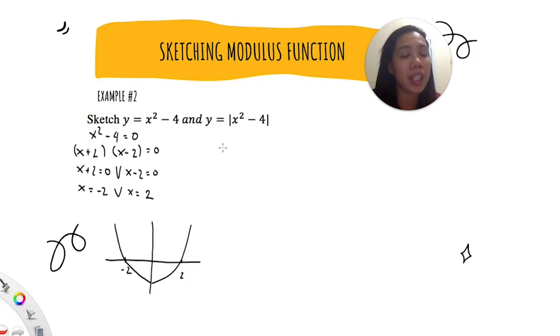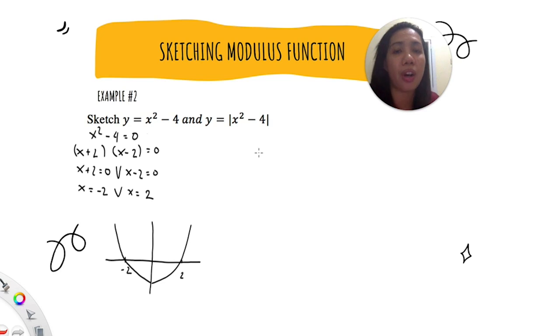And then what if we put the absolute value in here? Remember that if we put the absolute value in here, it means that this function won't have negative values of y, because all these y are in absolute value. First, we need to find the vertices of the absolute value graph like we have done before.